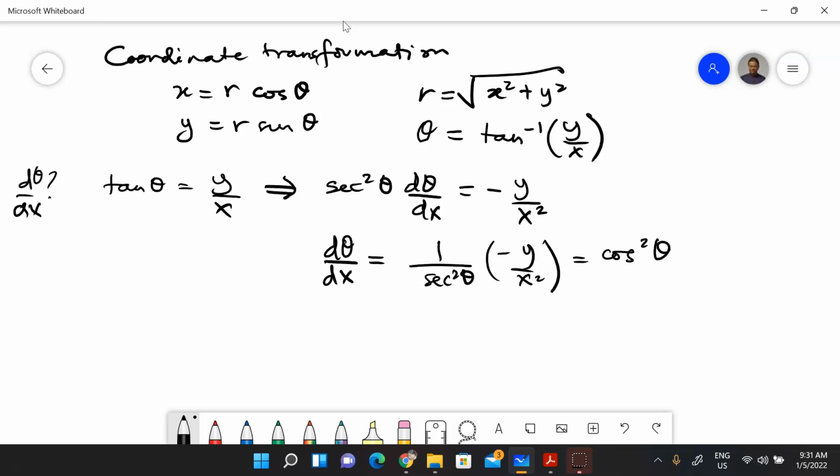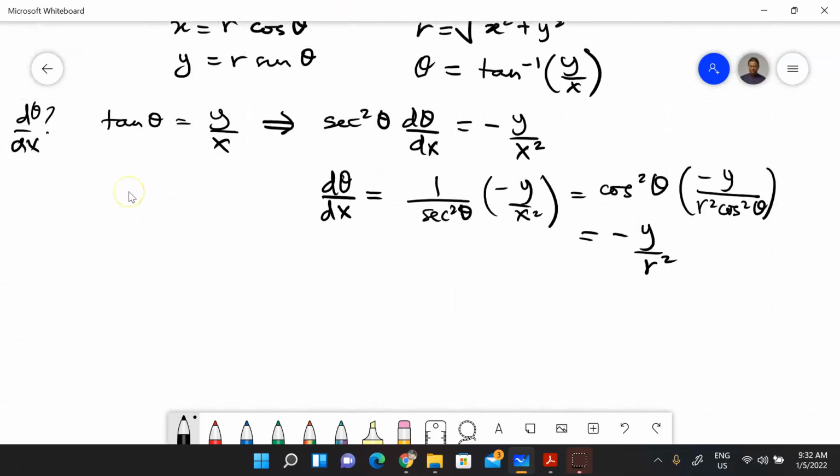And then over here I can write your x squared at the bottom as r squared cos squared theta, so that in the end you remove the cos squared theta there, so you get minus y over r squared. Okay, I suppose you know how to do this, hopefully.